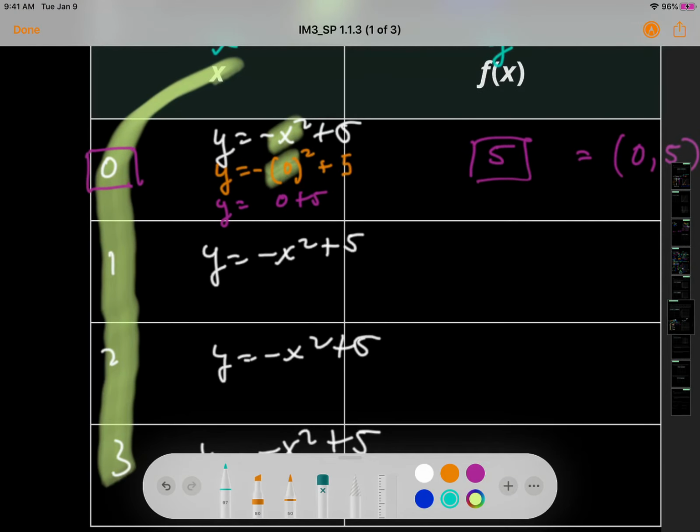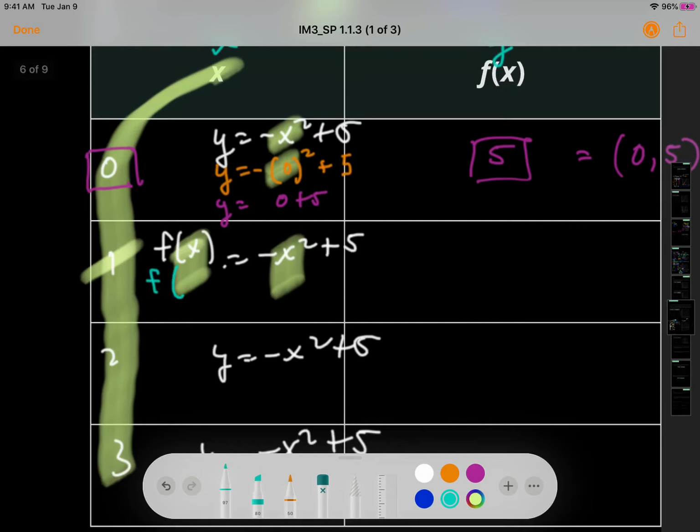Okay, let me do function notation on this one. So instead of writing y, let's write f of x. And what I'm doing here is, on this problem, x is 1. So we're going to put x is 1. Let's do it.